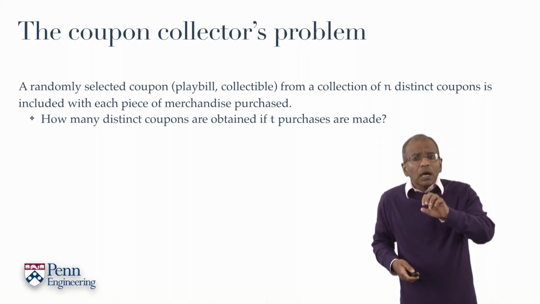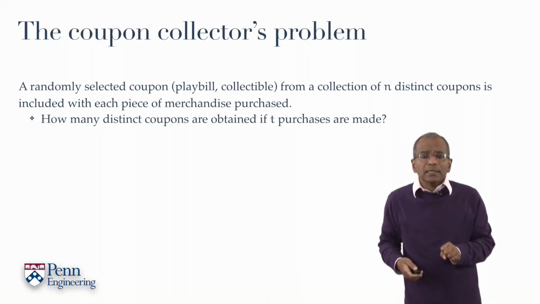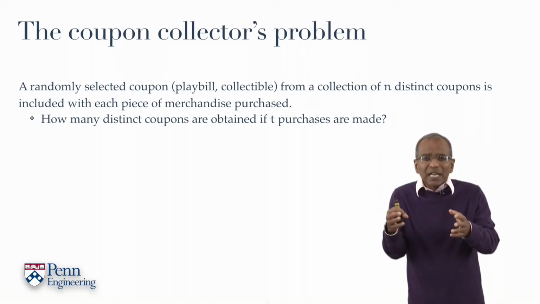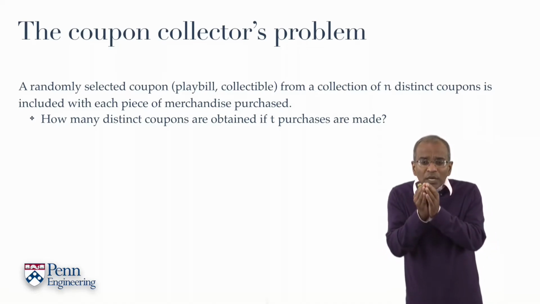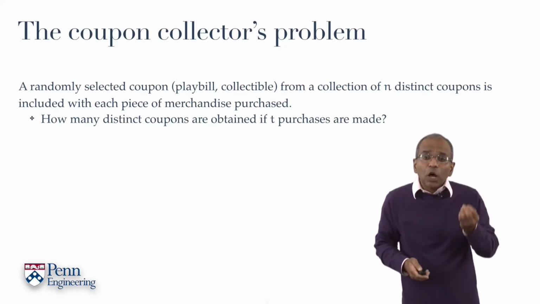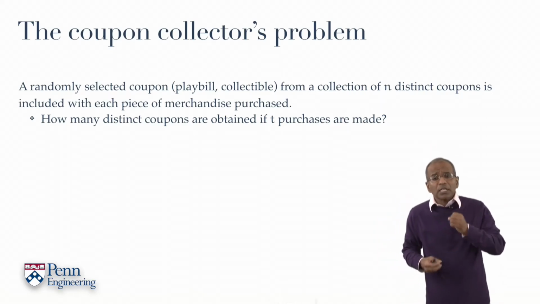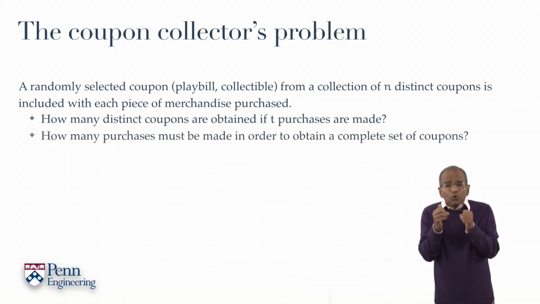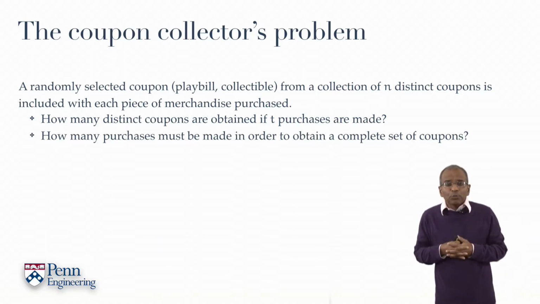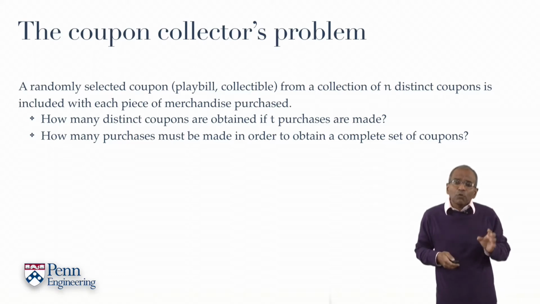So, how many distinct coupons do you get after T purchases? Of course, we discount multiples of the coupons. We want distinct individual coupons. How many? Oh, here's another question. If you really are insistent upon collecting all the N coupons, how many purchases do you need to make before you can do this?